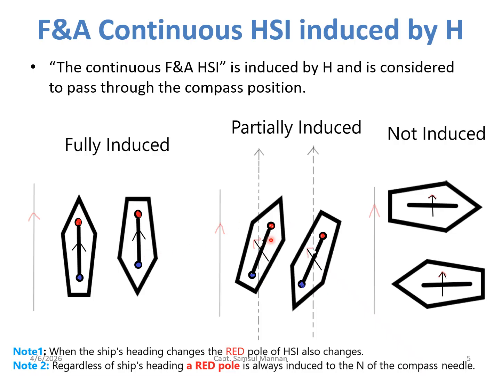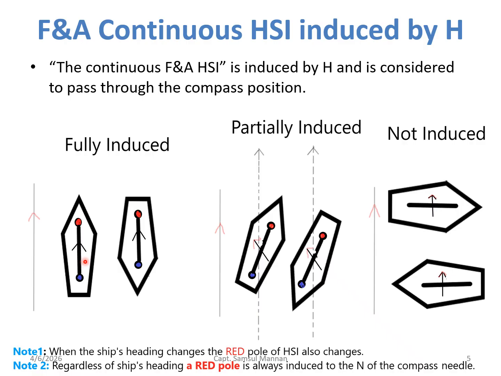When the vessel is on 045 or 225 degree, it becomes partially induced. And when the vessel is on 090 or 270 degree course, it is not induced at all. Why? Because the fore and aft continuous HSI doesn't have any breadth or depth. It has only length, so it will be induced lengthwise, right?